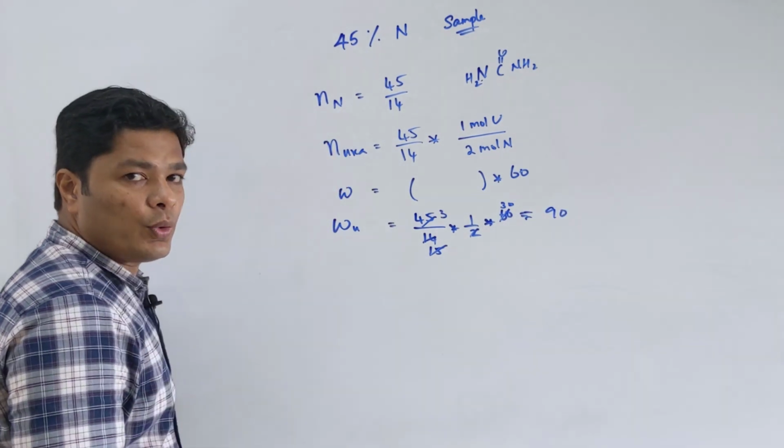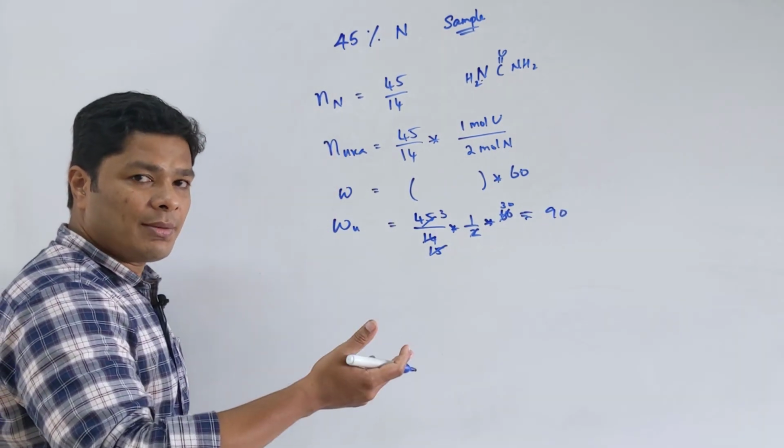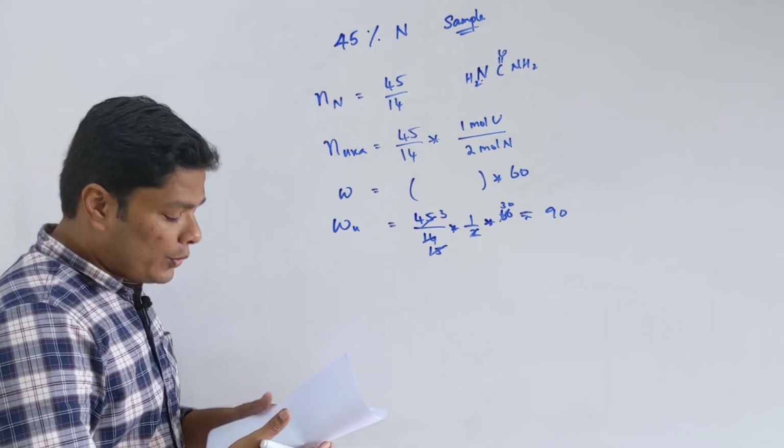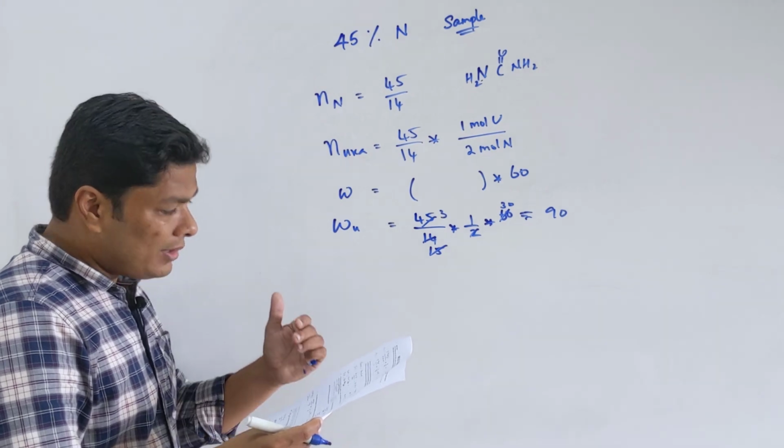So 90 grams of urea is there. So in a 100 gram sample, if there are 90 grams of urea, the percent purity is 90% pure, 10% impurity.